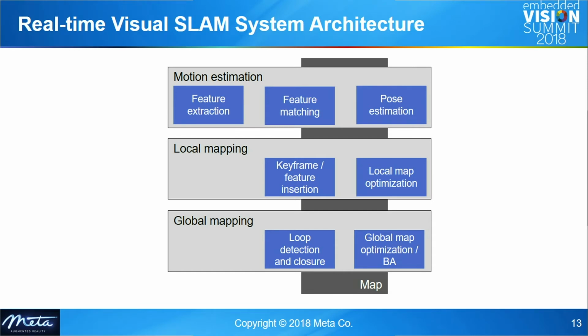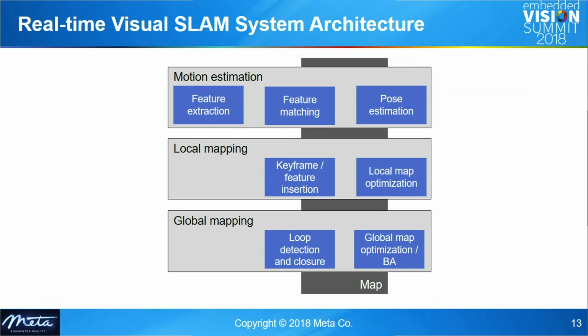The second component is the local mapping, which is the part that optimizes the map. Based on what we have seen in the environment, what do we put into the map representing the world around us? But the map, especially in mobile applications where the user is wandering around, or robotic applications for that matter, can become really large.